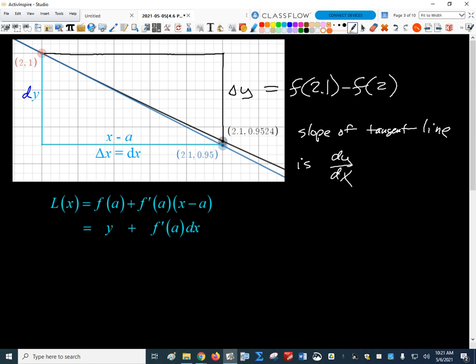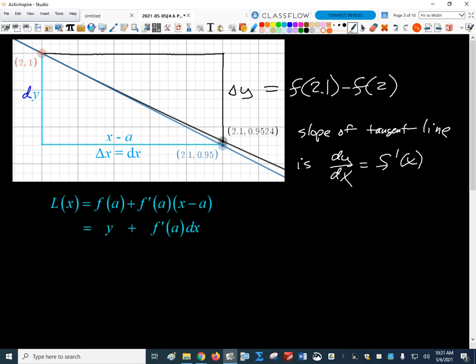Rise over run. It's also, as we know, equal to the derivative of the function at 2. How did we get the tangent line? That's how we got the line to have that slope. That's what derivatives do for us. So this is just equal to f prime of x, right?